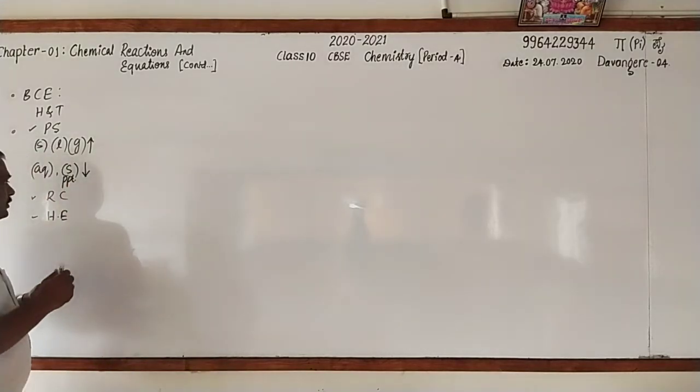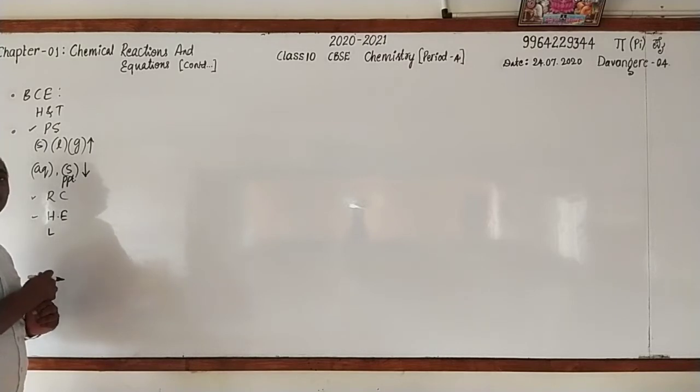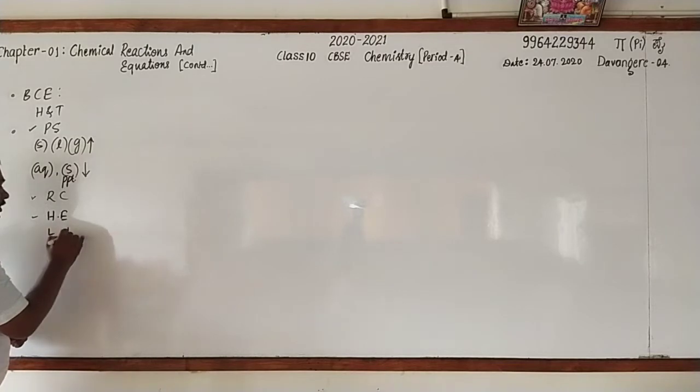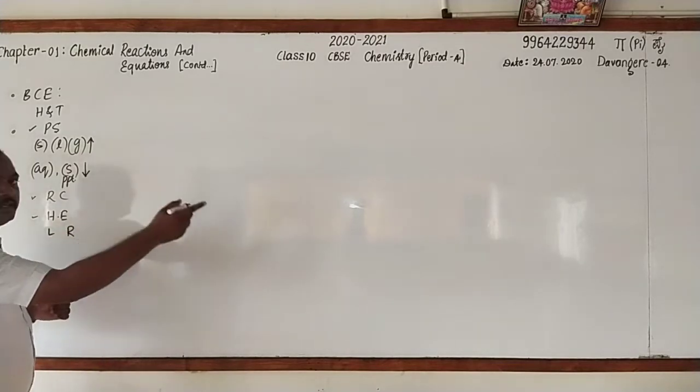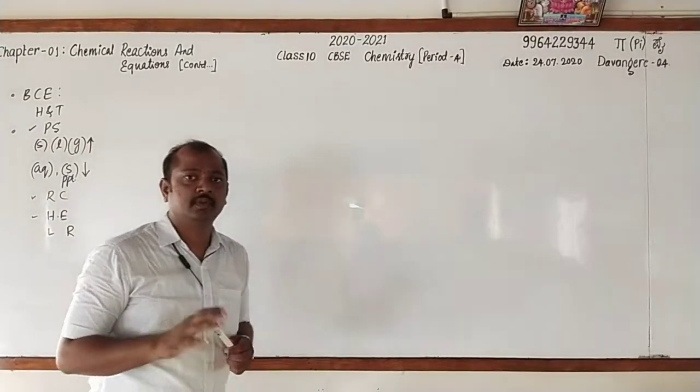If the heat is absorbed, it is to be written on the left hand side of the equation, nothing but the reactant side. If heat is given out, then heat is to be written on the right hand side of the equation, nothing but the product side.